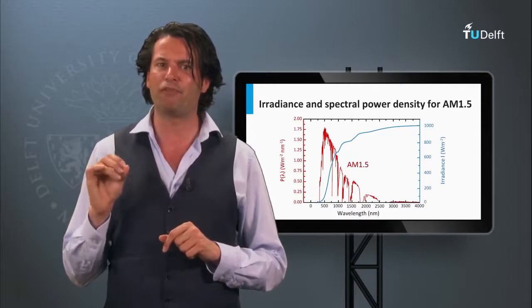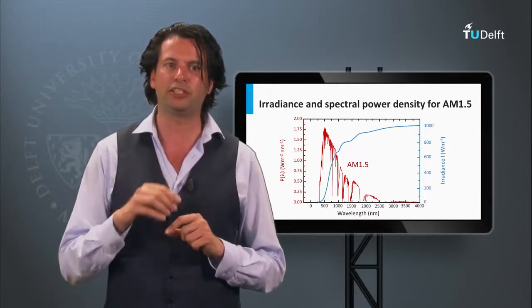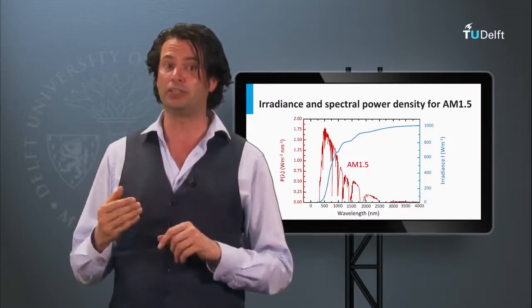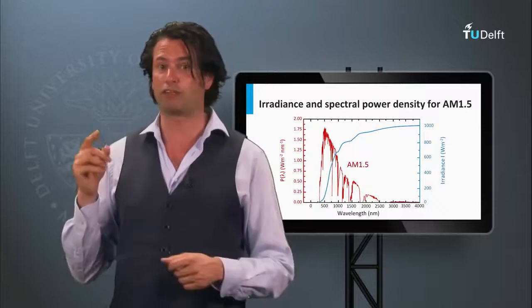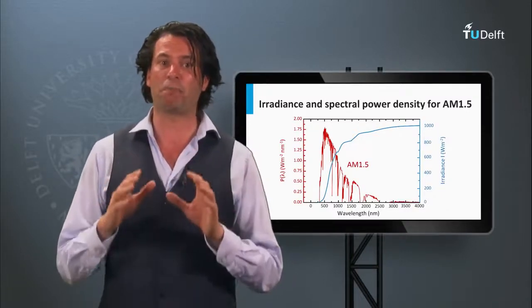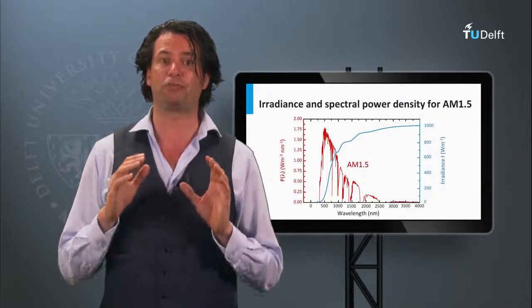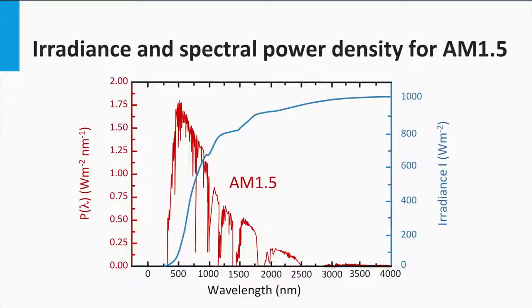As the AM 1.5 spectrum is very important to the solar community, I will use it to demonstrate the relation between the spectral power density function, the irradiance, the spectral photon flux and the photon flux. Here, the spectral power density of the AM 1.5 spectrum is plotted. As discussed earlier, the irradiance is the integration of the spectral power density function over lambda.